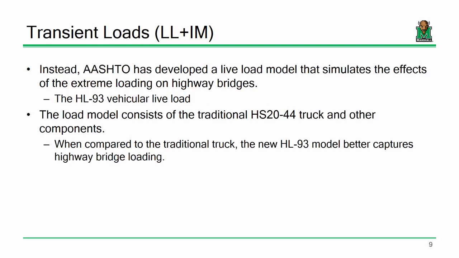No. What AASHTO has done is develop a load model that we are allowed to use that represents what I'll call the statistical maximum live load that a bridge sees. On average, this load model represents the maximum live load that a bridge will see. Again, there's variability, which is why we apply those load factors.